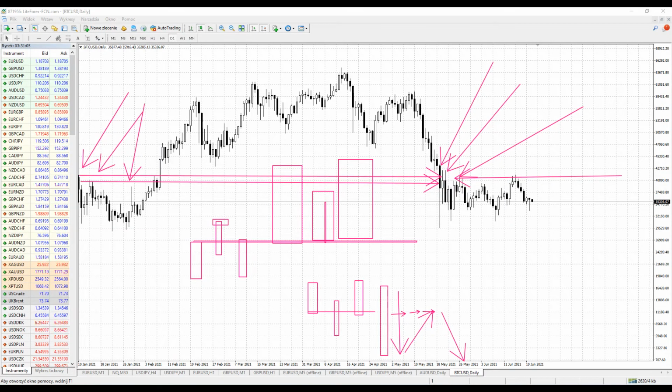With that being said, if we are making a higher high like here and we are trying to make the pullback, so after the break of this previous swing high, right, we have the halfway demand zone. Once this zone is broken to the downside, we are looking for the latest developments of the move to the upside, and we are going to work with this as a supply zone.